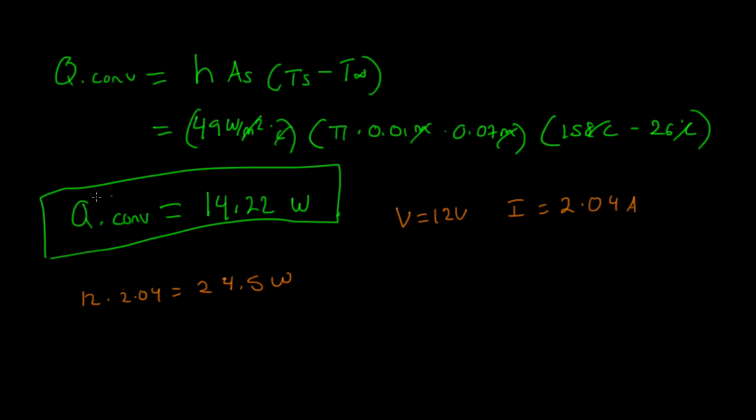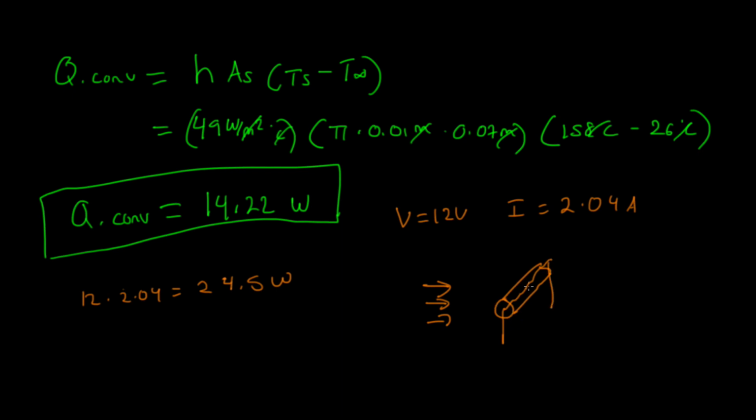Now this is weird because I'm putting in 24.5 watts, but my Q convection is only 14.22 watts. So I'm missing 10 watts here. What happened to those 10 watts? Because if you look back to our drawing, we had air, and we have a cylinder, and we have some kind of power input.